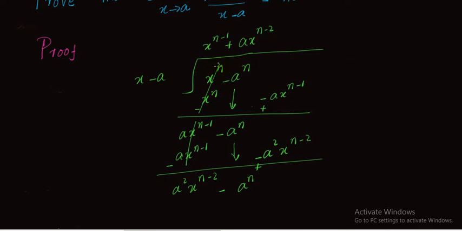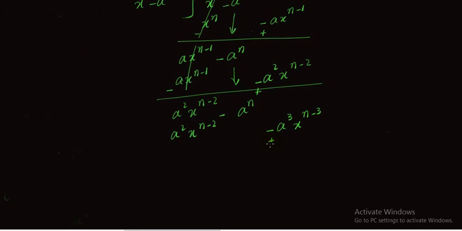Similarly, we put plus sign here and now we multiply x by a^2 x^(n-3) to get this term, that is a^2 x^(n-2). We multiply -a by this term and we get -a^3 x^(n-3).